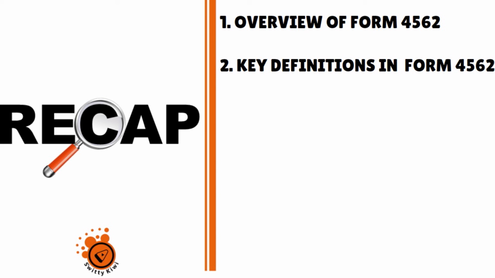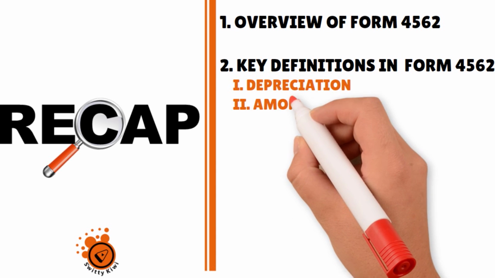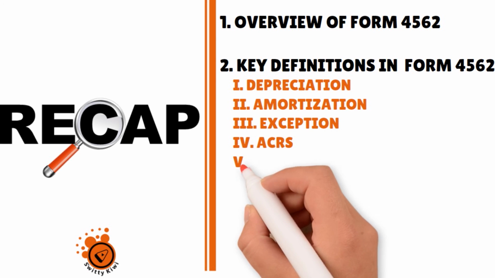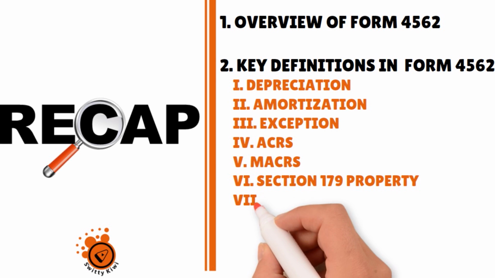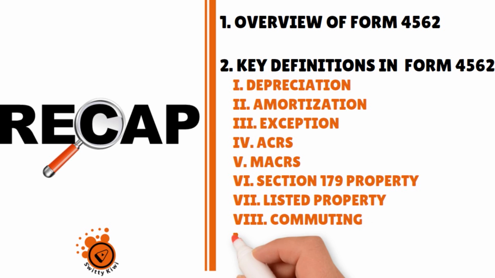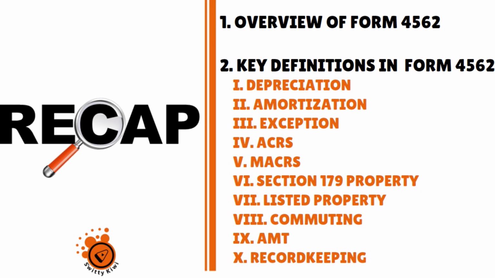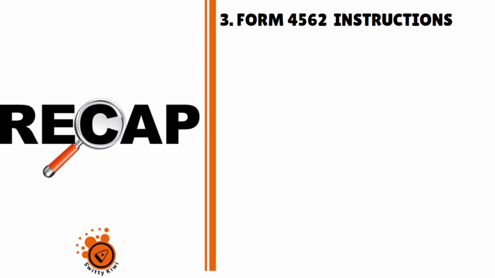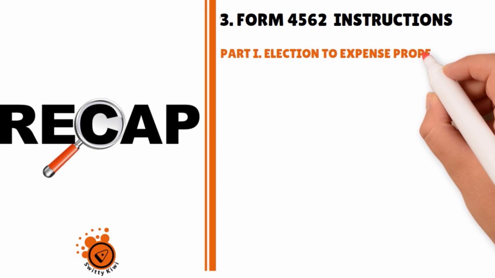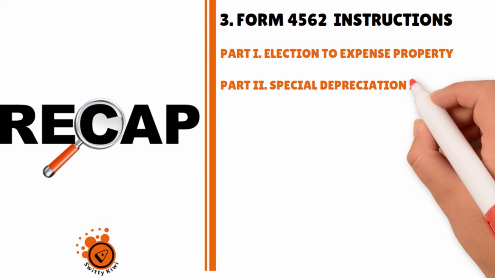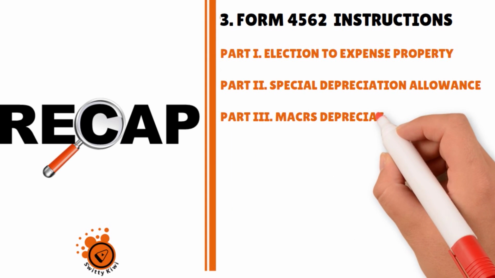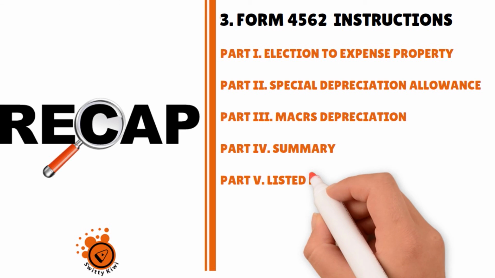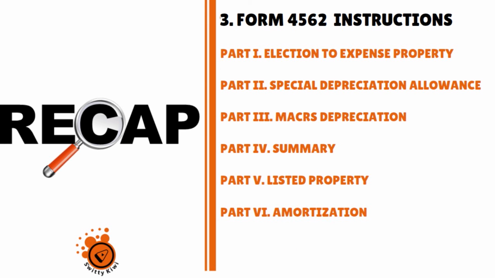So you have depreciation, amortization, the exceptions, the ACRS, the MACRS, Section 179 property, the listed property, commuting, AMT, and record keeping. And I gave you the line-by-line instructions. There are 6 parts for Form 4562. You have Part 1, election to expense certain property. Part 2, special depreciation allowance. Part 3, MACRS depreciation. Part 4, summary. Part 5, listed property. And Part 6, amortization.